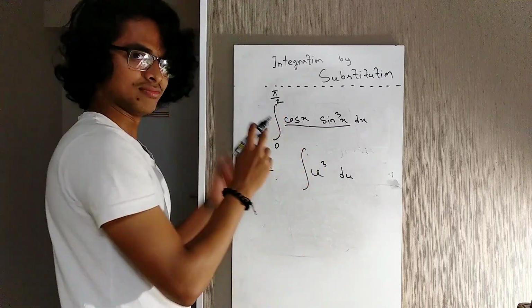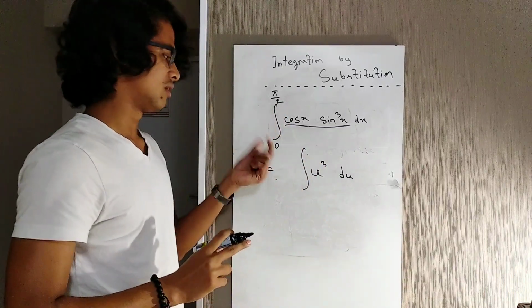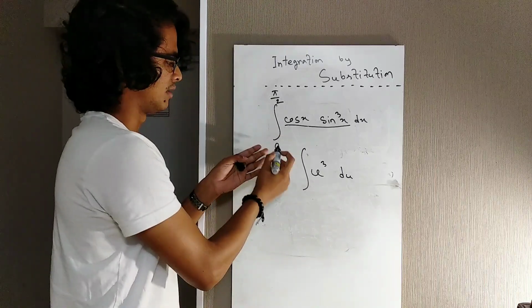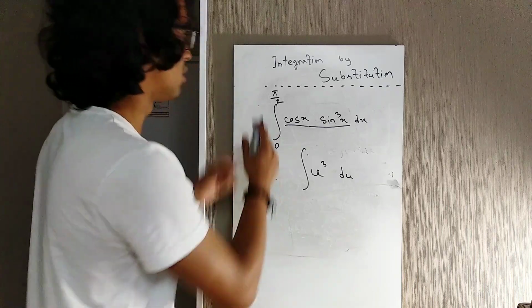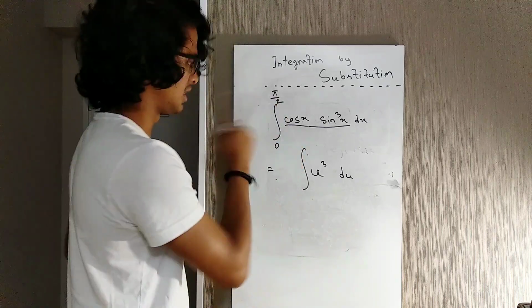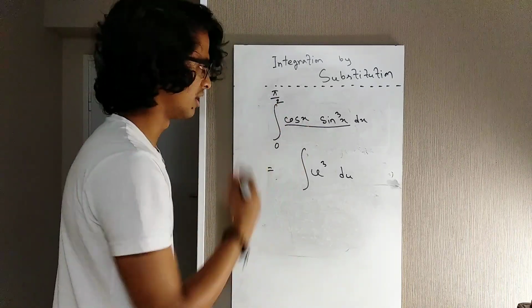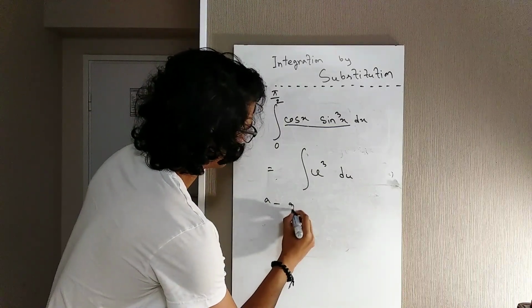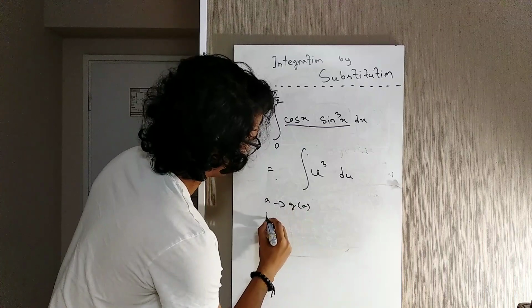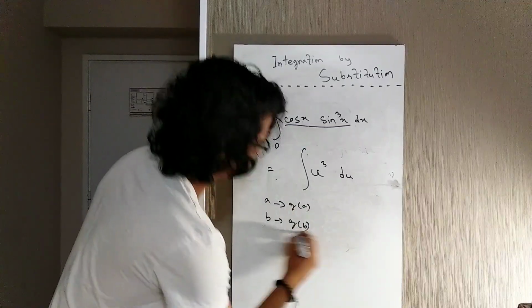But there is this catch here: in the original problem the limit was from 0 to pi by 2, but we also have to substitute them. In the theorem that I wiped off already, we saw that we have to substitute a with g of a and b with g of b, right?